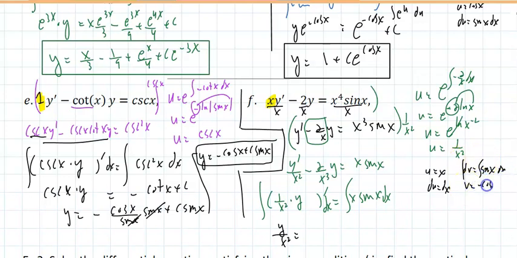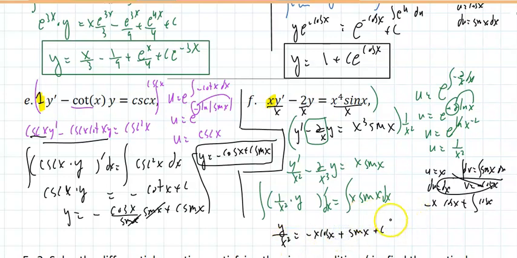V will be negative the cosine of x, so u times v minus the integral of v du. The integral of negative cosine of x is negative the sine of x. Let me see, u times v minus the integral of v du, so plus sine of x plus c.